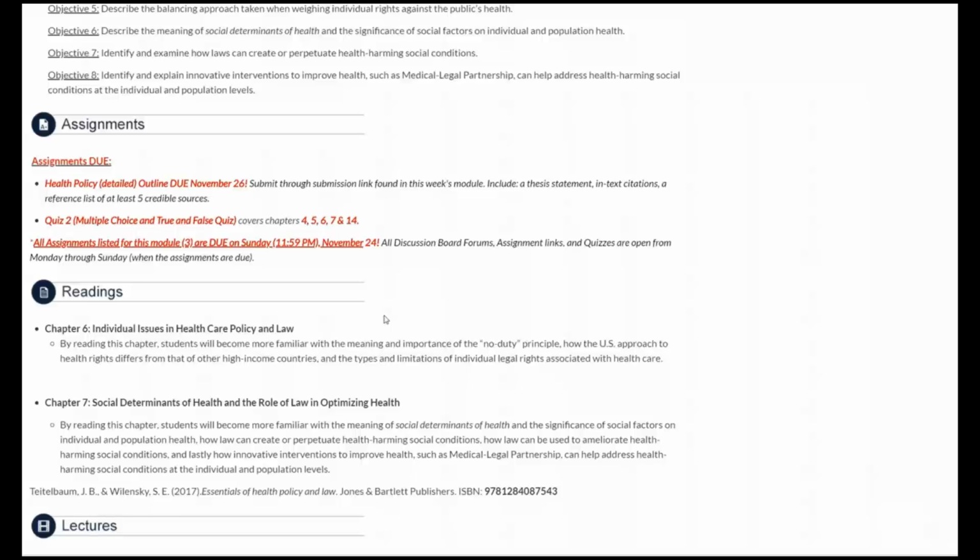The reason I keep focusing on the health policy outline is the structure you'll be following is a health policy analysis from chapter 14, which we covered last week. So you're going to research your topic and then lay it out following the structure of the health policy analysis. Let me jump to the sample outline real quick.